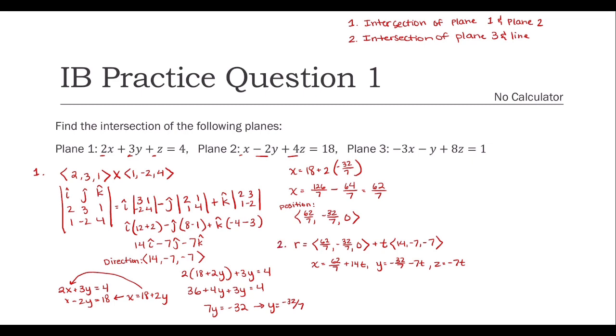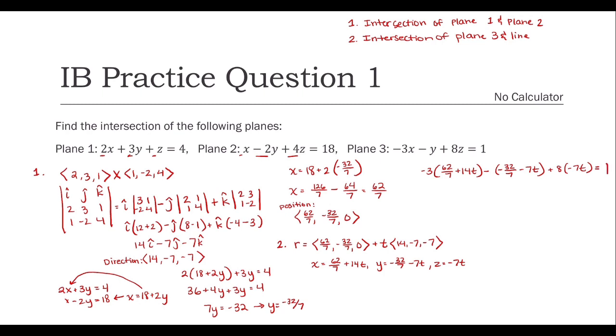So we'll plug these into plane 3. So we have negative 3 times x, which is 62 over 7 plus 14t, minus y, which is negative 32 over 7 minus 7t, plus 8 times z, which is negative 7t. And all that has to equal 1.